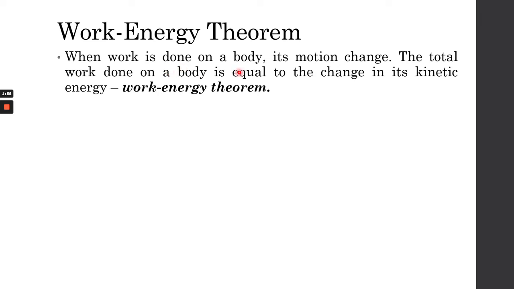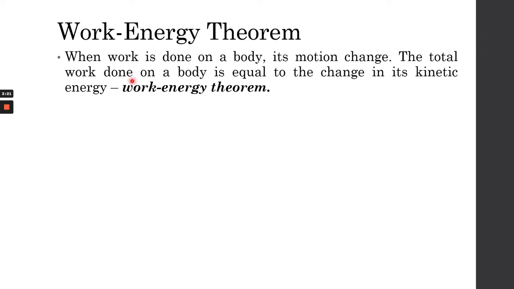So when work is done on a body, there should be a change in its motion. There should be a change in its position. It means it has to move. And the total work done on a body is equal to the change in the kinetic energy of the system or of that body. And that relationship is what we call the work-energy theorem.